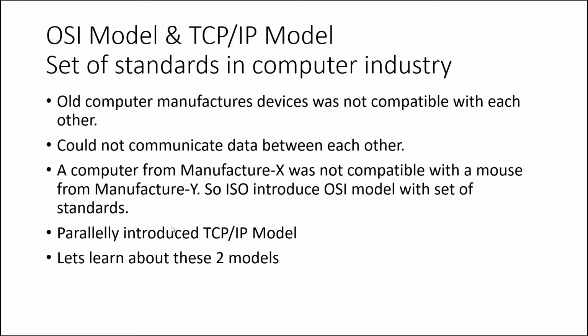After that, the International Organization for Standardization, ISO, introduced a model and a set of standards as a solution. We call that the OSI model, and in parallel the TCP/IP model was introduced, but the same theory is applied there. Okay, let's go to the next slide.